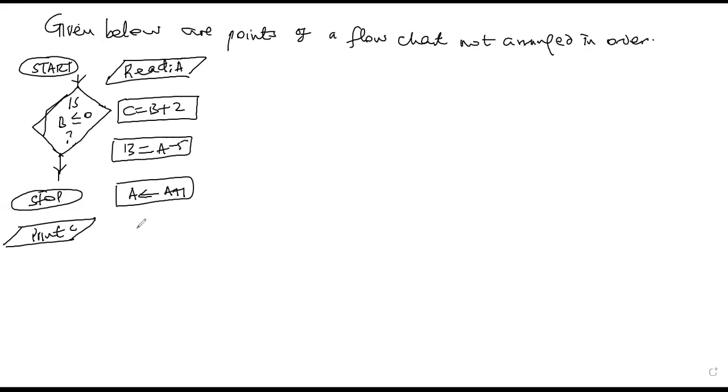Then we have got another decision box where we have, is B divisible by 2? There's a question mark.